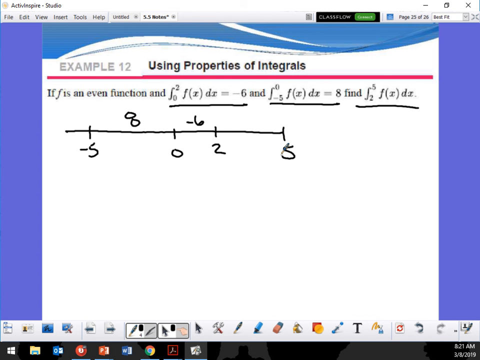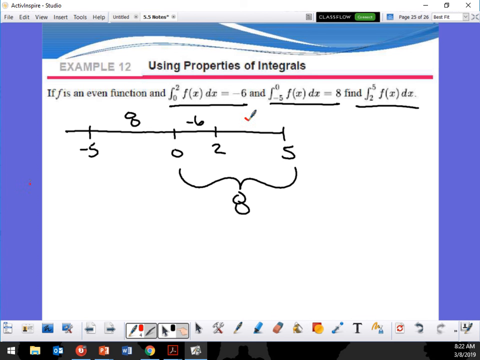If it's symmetrical from -5 to 0, all that right there should also be 8, because it's symmetrical. It's going to be the same on the left as on the right. If that's 8, the whole thing together has to add up to 8. That means from 2 to 5 has to be 14.